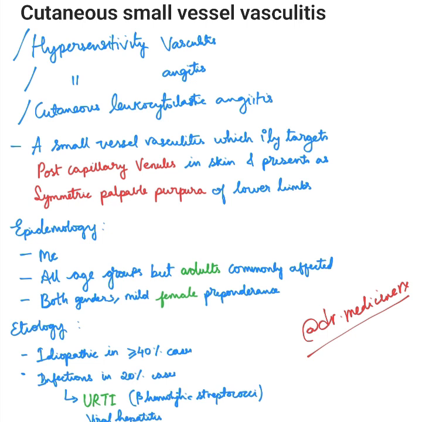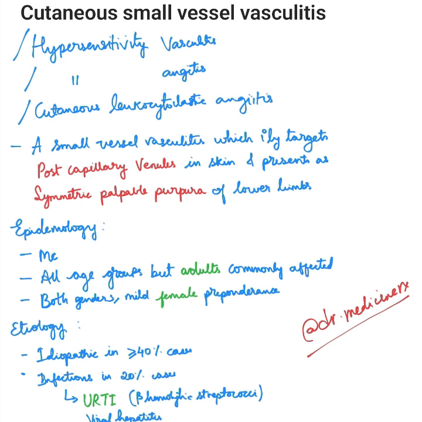The lesions are pretty asymptomatic, and the patient usually does not give any history of preceding infection or any drug intake, and sometimes there can be a history of recurrency also. So these cases come under cutaneous small vessel vasculitis.